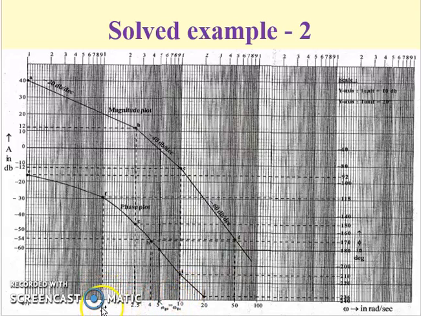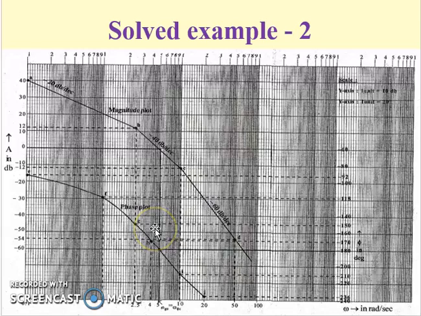In this decade, 5 represents 5 radians per second. So at 0 dB, you are getting 5 radians per second. Now to find the phase crossover frequency, we consider your phase plot and take the minus 180 degree line, which is marked on your phase plot, and you can see again that this also becomes 5 radians per second.